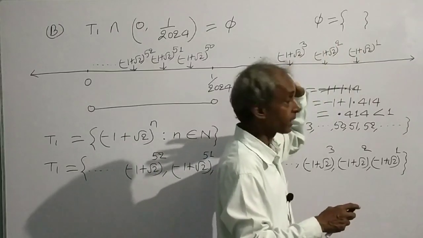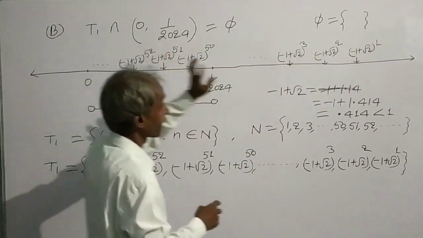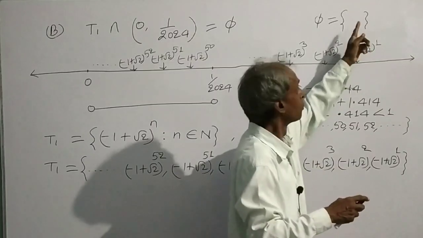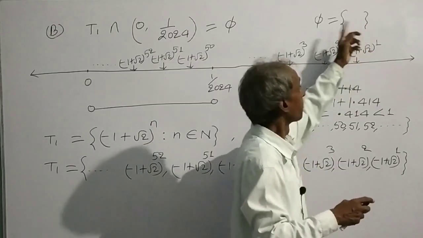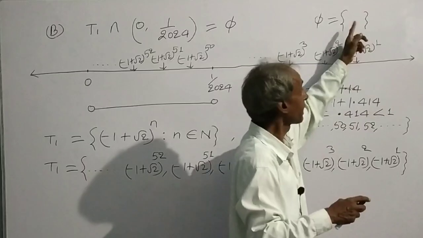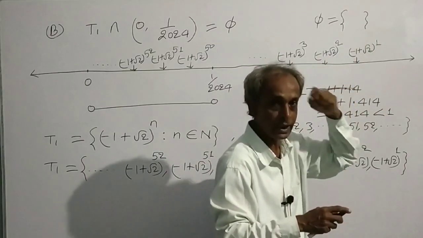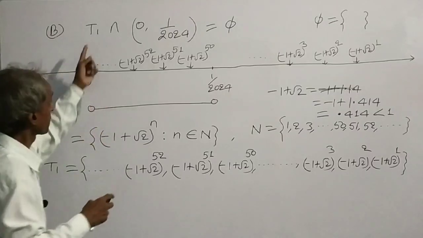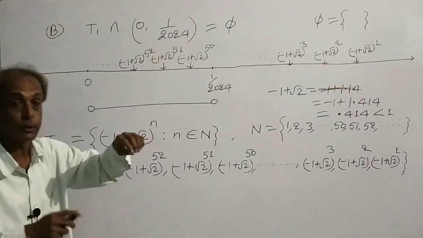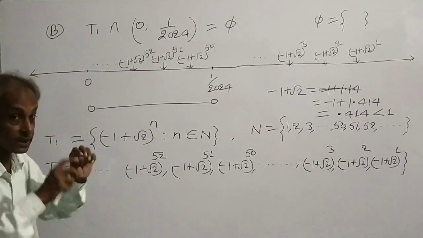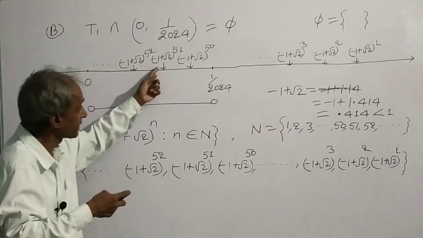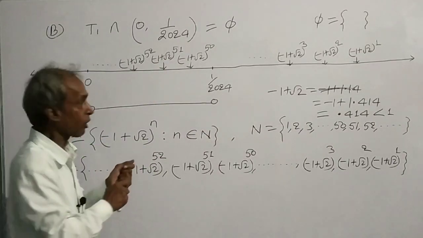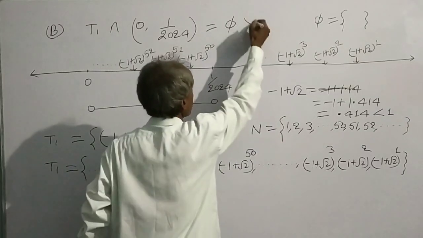That means the intersection of these two sets will not be empty, a set that has no element. There will be some number like this. Therefore, this option is not correct.